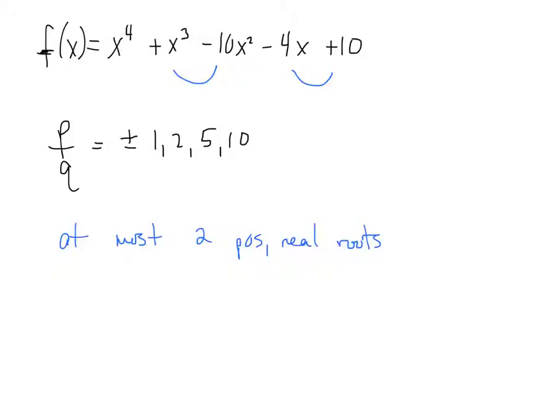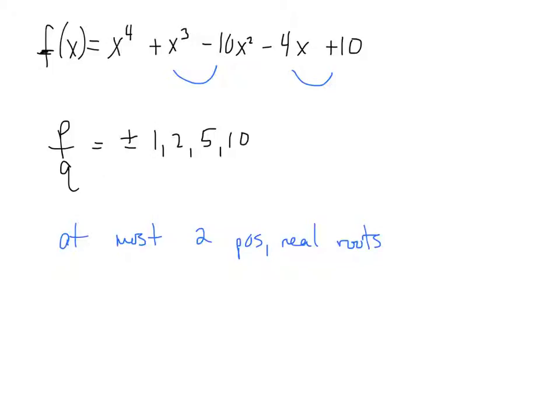Okay? You could also technically have 2 rational roots, or 3 rational roots, and 1 irrational. The irrational roots don't have to come in pairs. They usually do, but they don't have to. But the imaginary roots have to come in pairs.